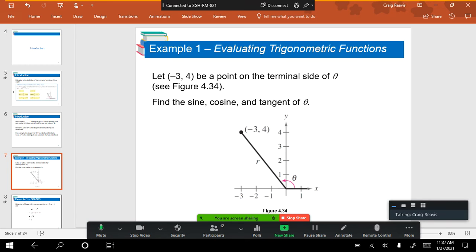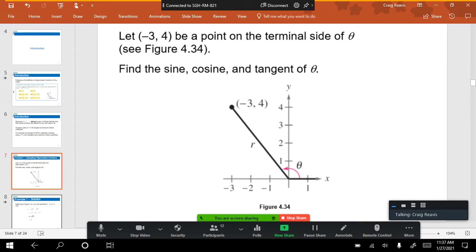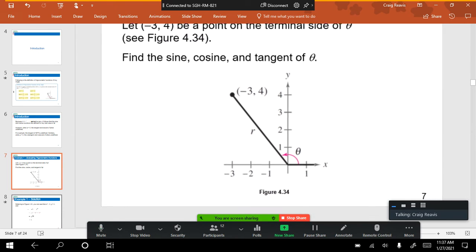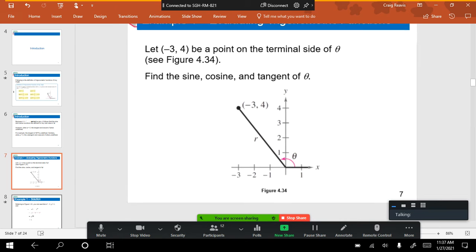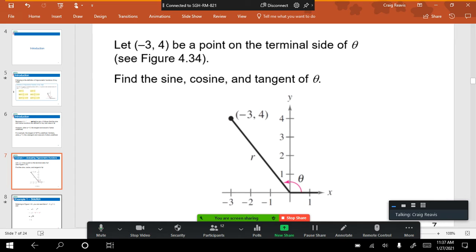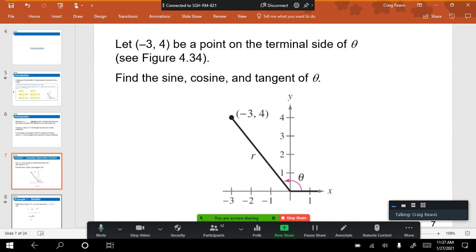All right, so here's what we want to be able to do. We want to find the sine, cosine, and tangent of what this angle is based on what is drawn. Now, this is sort of going to go back to how we created that unit circle.